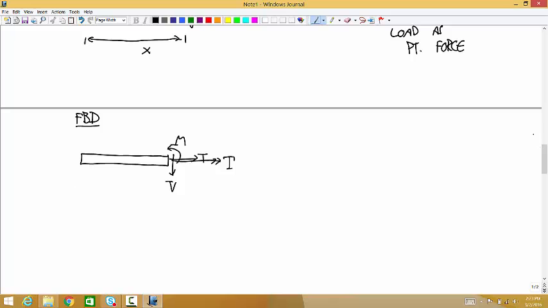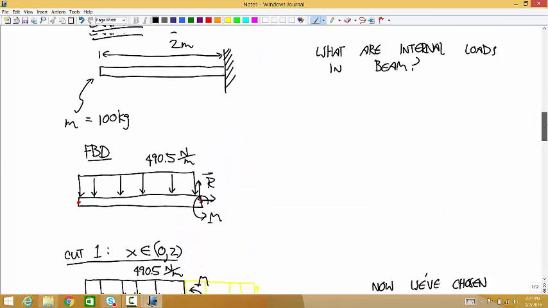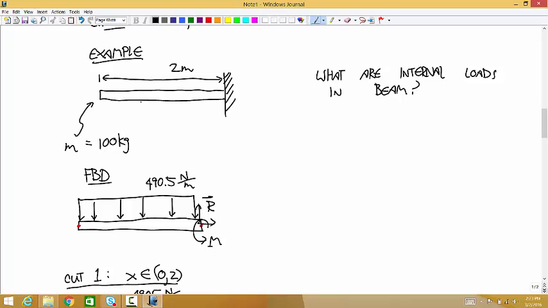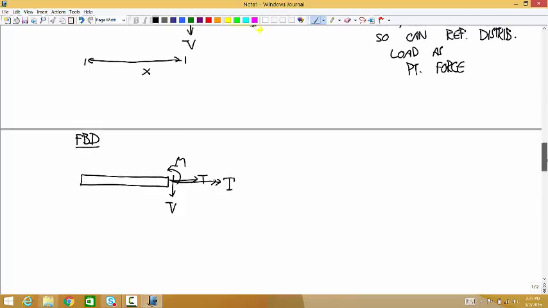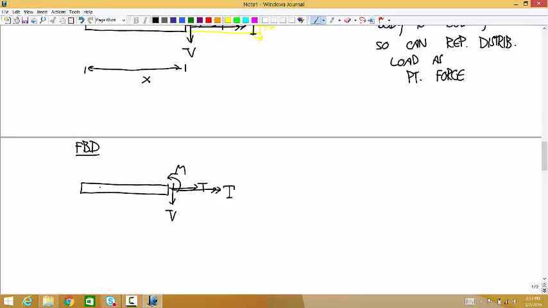And furthermore, if we treated the total weight as a point force, it would be acting 1 meter from the end, right in the midpoint of the whole thing. But the weight that's acting on our isolated piece isn't acting at the midpoint of the whole thing. It's acting at the midpoint of what we've isolated.